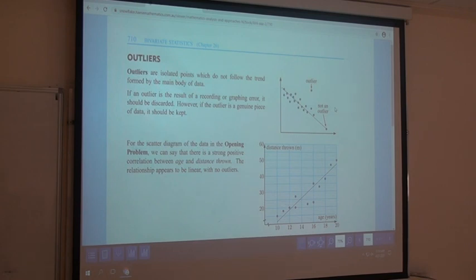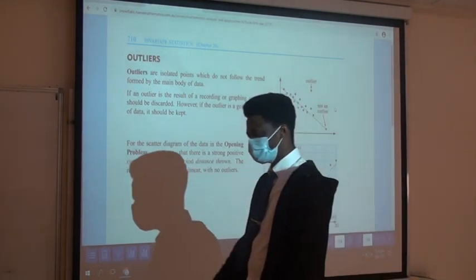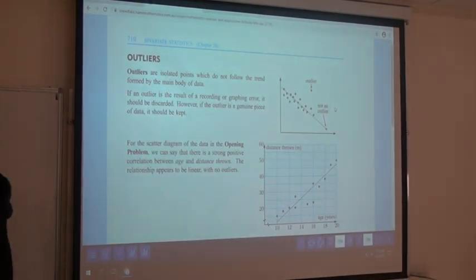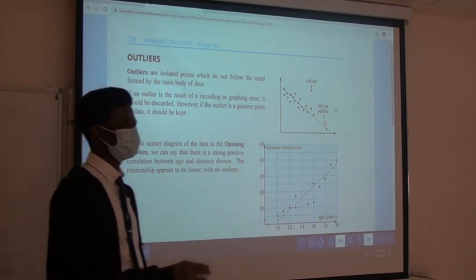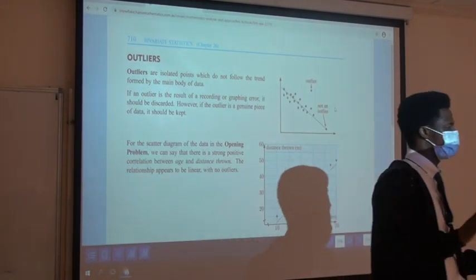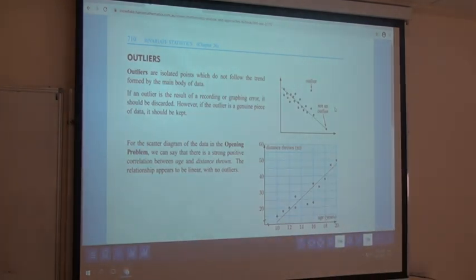In statistics, an outlier is a particular data point that is far away from every other data point, either too small or too large. I'll give you an example. My age will be an outlier in this classroom.